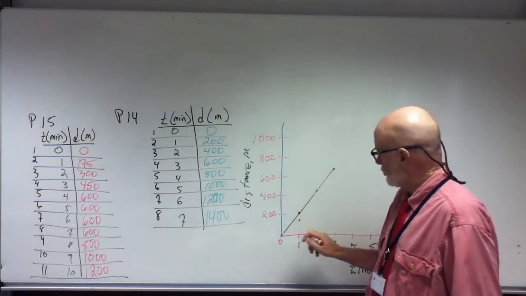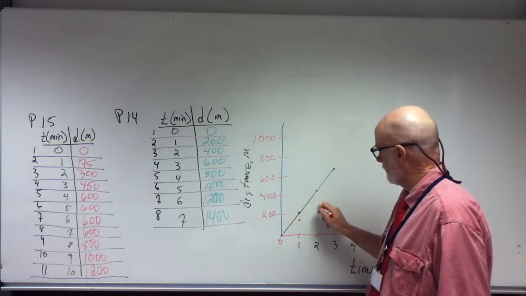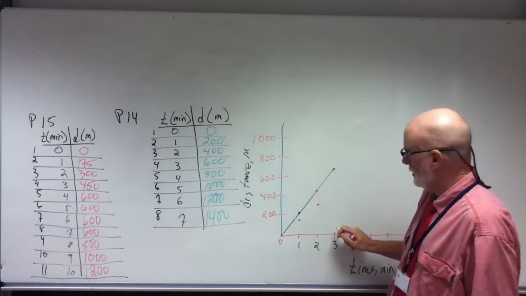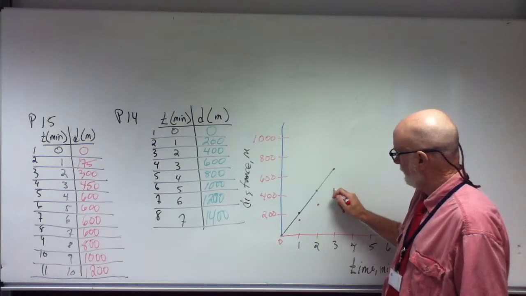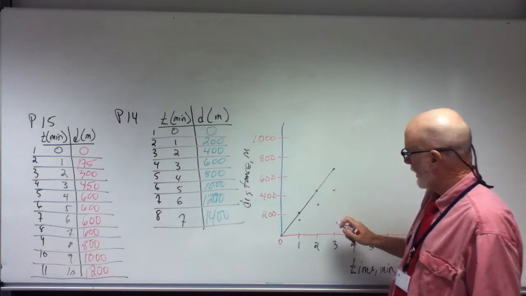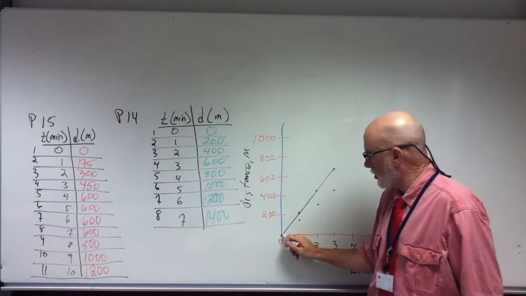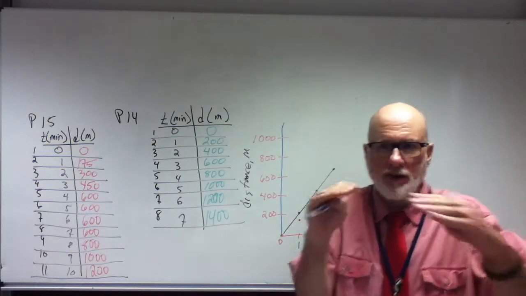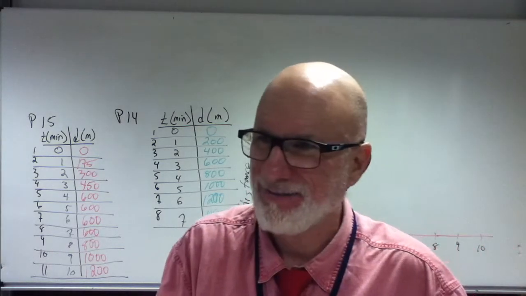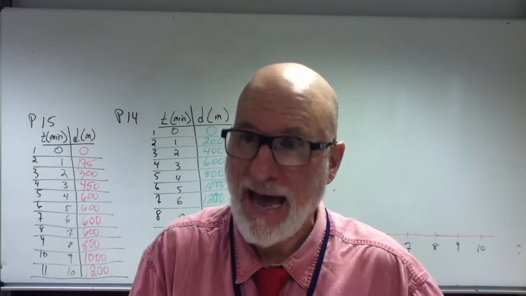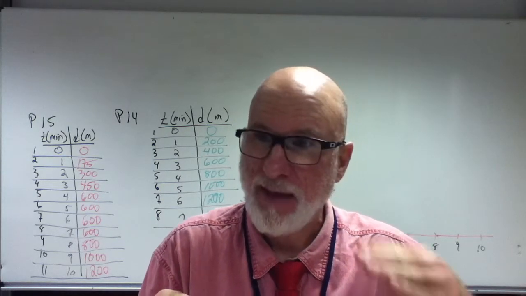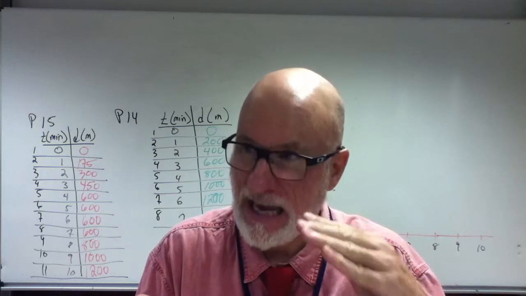And then 2 and 300, and then 3 and 450, okay? Again, you're drawing the best straight line through the data with a ruler. One of the points may not be on the line, but it's important to have a straight line.